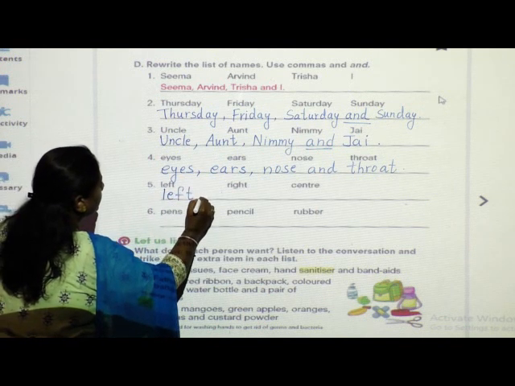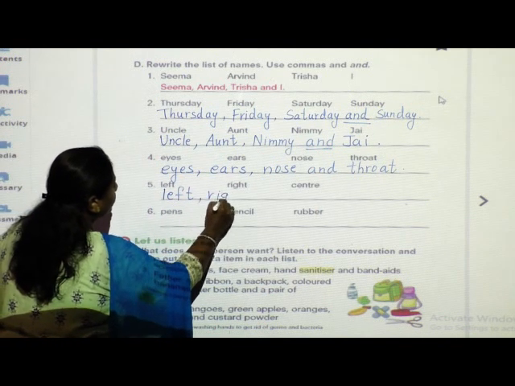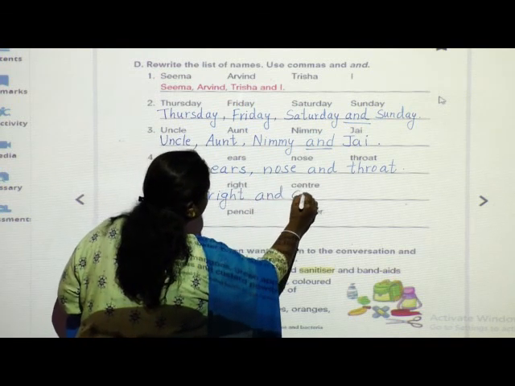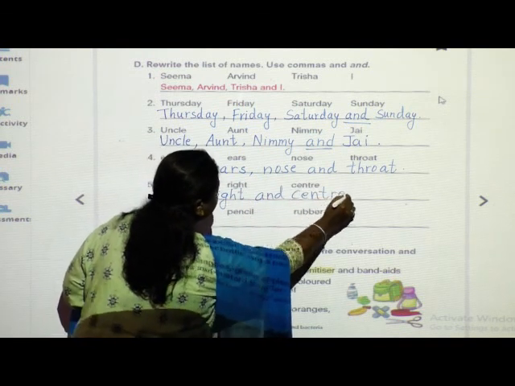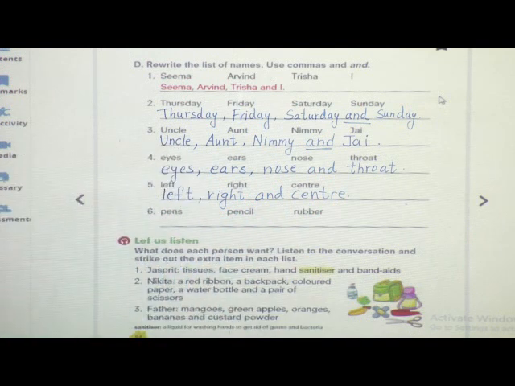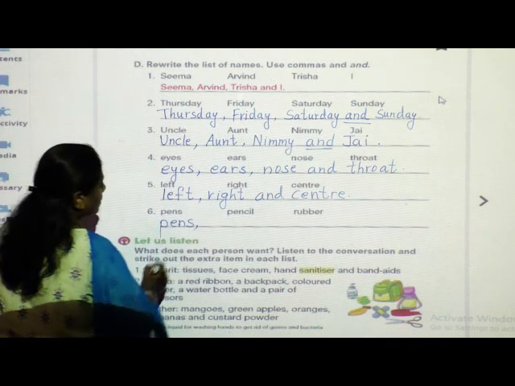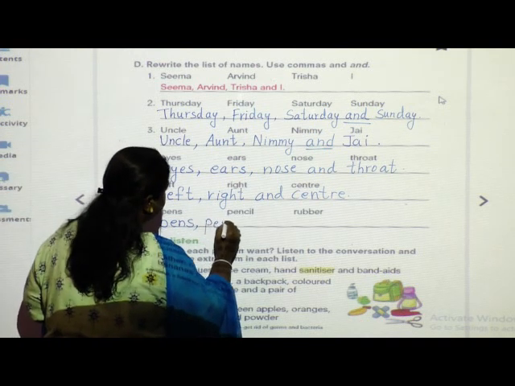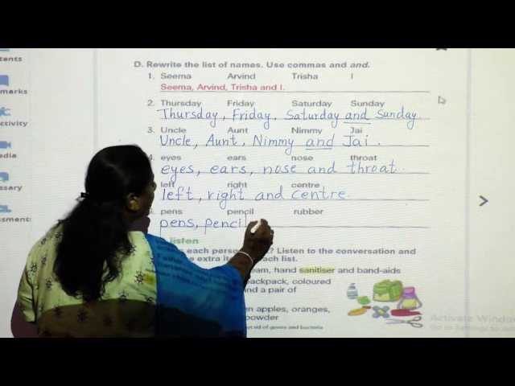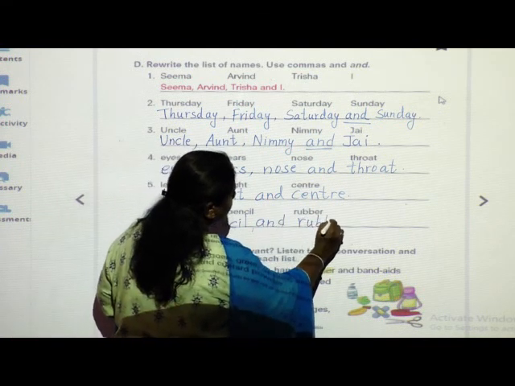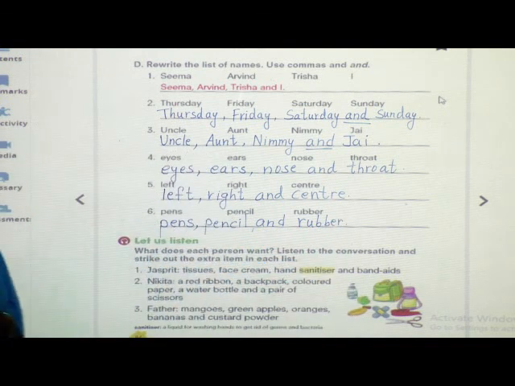Left, comma, right and center. Okay. The next one, pens, pencil, rubber. Pens, comma, pencil and rubber. Full stop.